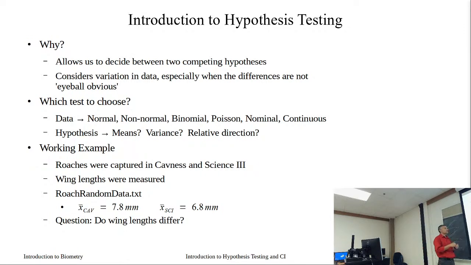So to introduce us to hypothesis tests and the definitions of these hypothesis tests, we're going to do this example. Roaches were captured in campus science buildings, so roaches from two different buildings, and then we measured their wings. All right, so question 1, just based on these data that we've collected, how many variables do we have?